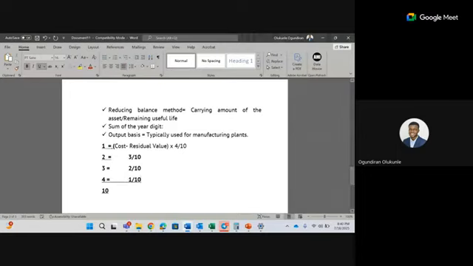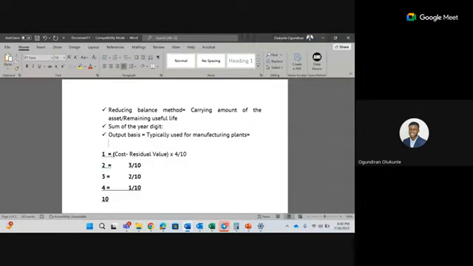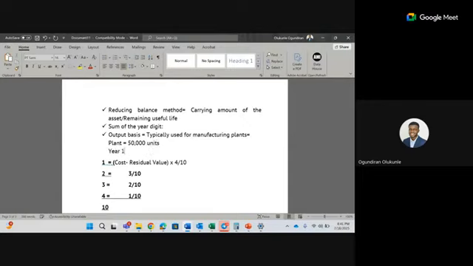Now, that's about the sum of the years digits. So now let me quickly look at the output basis. The output basis is usually used for manufacturing plants where we can estimate that a plant can produce an XYZ amount of units. So say, for instance, we just got a plant, right? And the plant is supposed to give us 50,000 units. So in year 1, we're only able to produce 10,000 units.